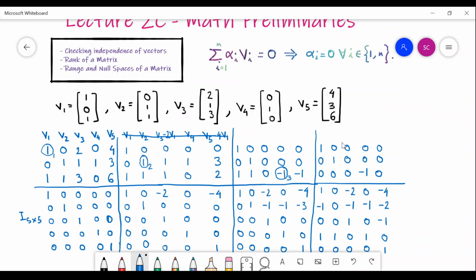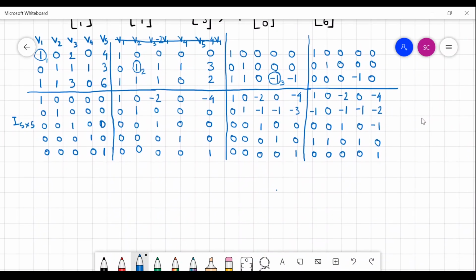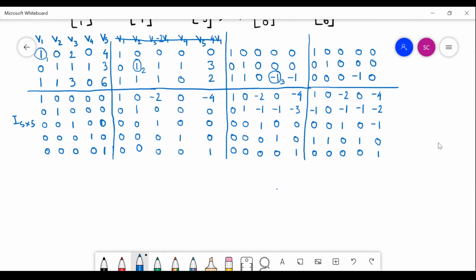So what we are looking at here is the top vector set, the 0 vectors. Got it?